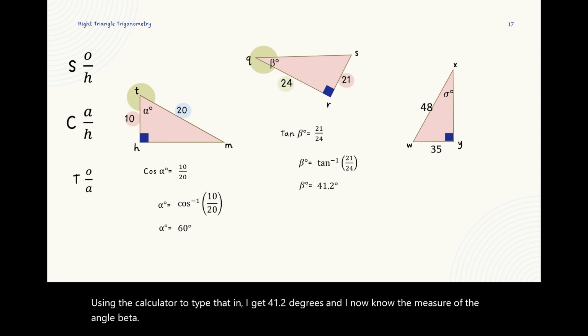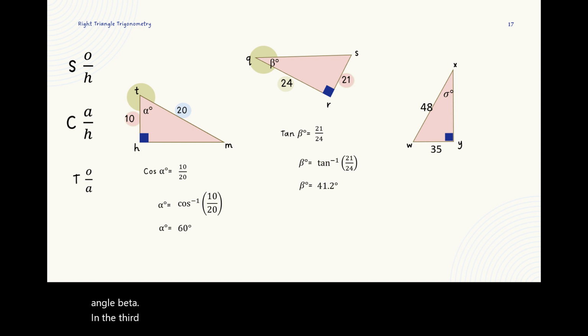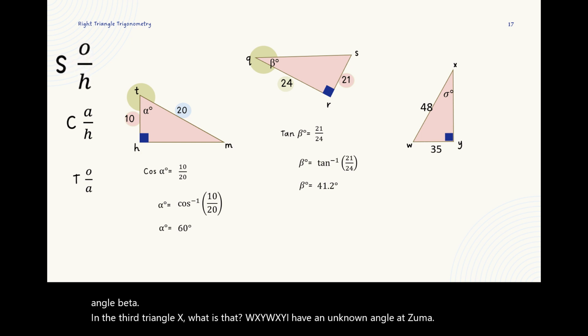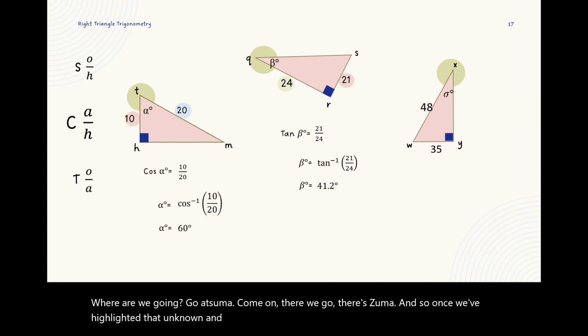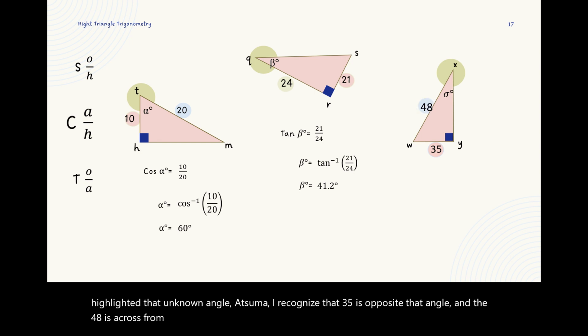In the third triangle, WXY, I have an unknown angle at theta. Once we've highlighted that unknown angle, I recognize that 35 is opposite that angle, and the 48 is across from the right angle, so it is the hypotenuse.